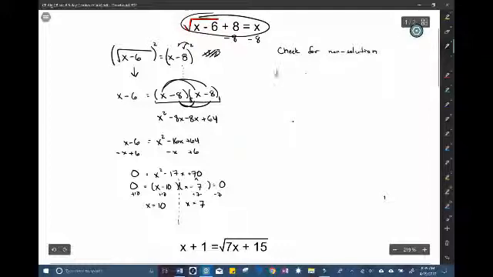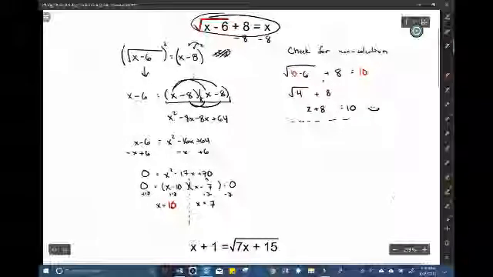So the square root of x minus 6, we'll do 10 first, so 10 minus 6, plus 8, is that going to be equal to 10? So I'm checking out this 10 here. Well, 10 minus 6 is the square root of 4 plus 8. That's 2 plus 8, which is equal to 10. So that one works out.